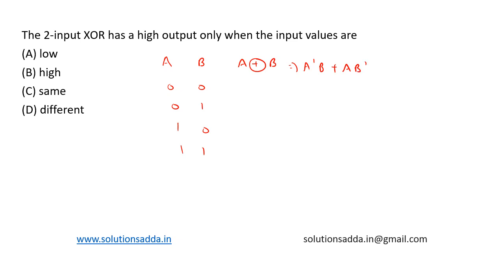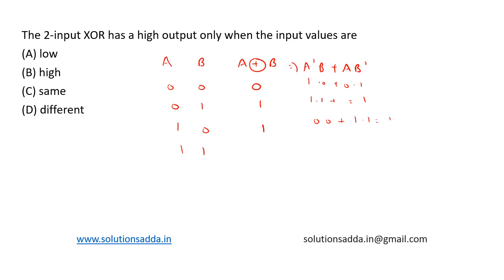So we have 0 0. A bar means 1 into 0 plus 0 into 1. We have 0. Now 0 1. For 0 1, A bar will be 1 into 1 plus whatever we add here, we will get 1 only. So here we have 1. Similarly here also we will have 1, because A bar is 0 into B is 0, but A is 1, B bar is 1. So we have 1.